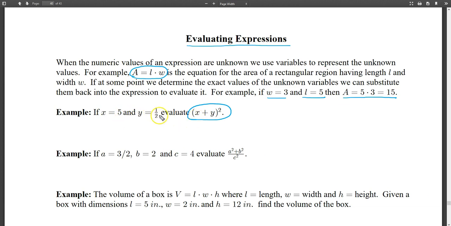So we just plug 5 in for x, 1/2 in for y, and we get that this is equal to, which we can then simplify, now finding a common denominator here, 5 is the same as 10/2, so this will be 11/2 squared, and that is equal to 121/4. And if you wanted to evaluate that on a calculator, you could easily do that.